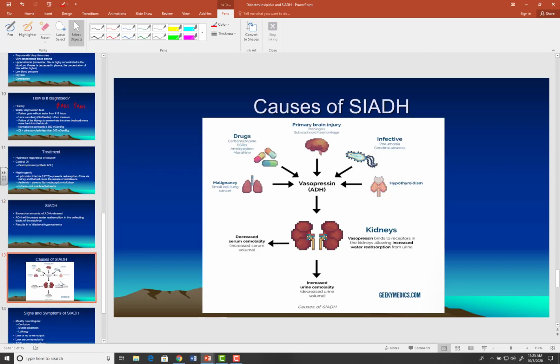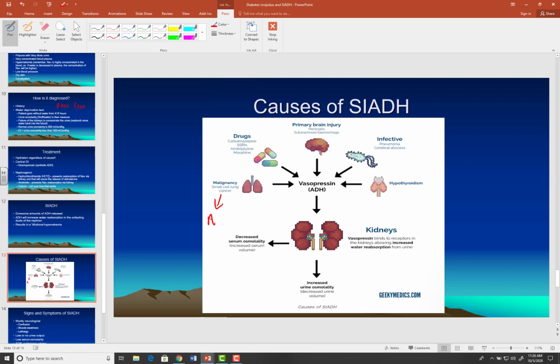Now, some of the causes. I think I mentioned this when we were talking about cancer, that there are some tumors that will actually produce hormones, right? So brain tumors can do that. Again, head trauma can cause either too much or not enough ADH to be released. And malignancies like small cell carcinoma can actually release two hormones.